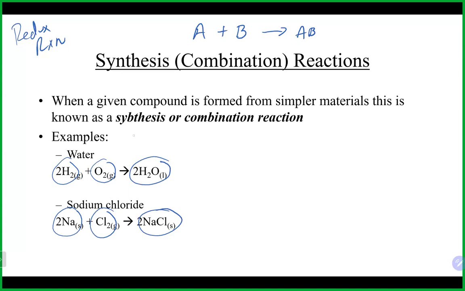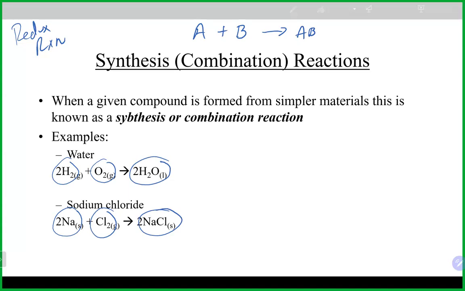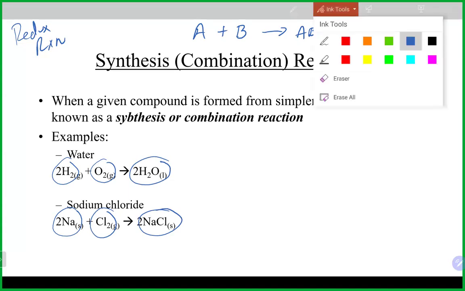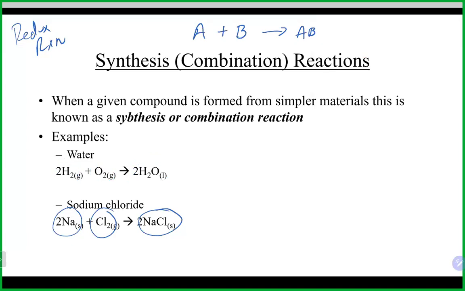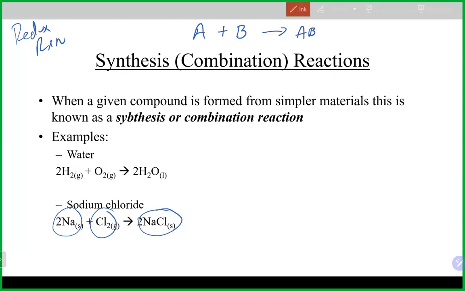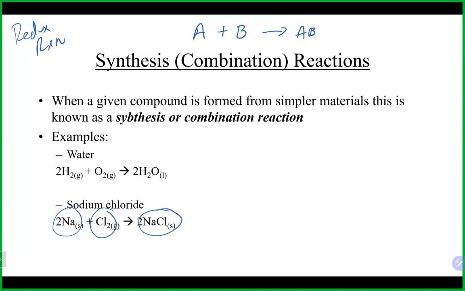If you're not sure, here is our water formation, which is two things make one thing, a combination or synthesis reaction. If we look at what's happening here on the left-hand side, that is hydrogen by itself, 0 charge. Oxygen by itself, 0 charge. When water comes together, if you remember, we made water by taking H plus and OH minus, right? So essentially that is what we have charged here.